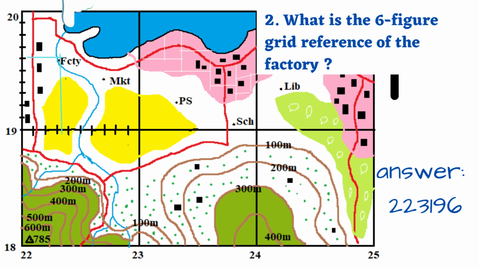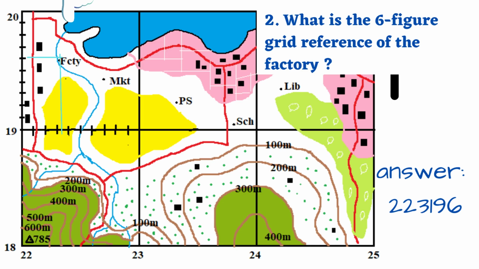Notice that the factory is between 3 and 4. And again, you will, as a rule, give the smaller value, which is 3. So you have given your eastings.